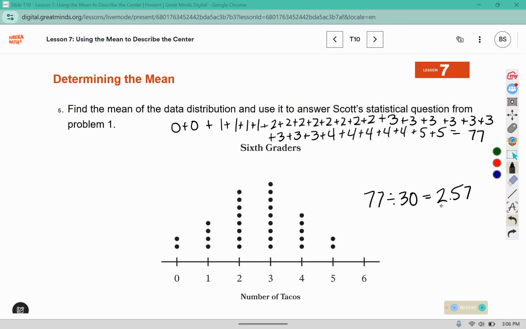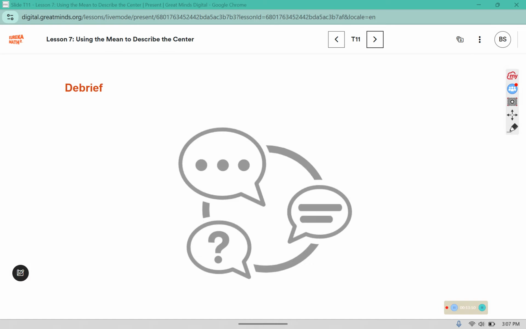Now that's in between 2 and 3 tacos. So you could round to say that the mean is about 3 tacos. So the strategy to find the mean, we add up all of the values and then we divide by how many values there are.